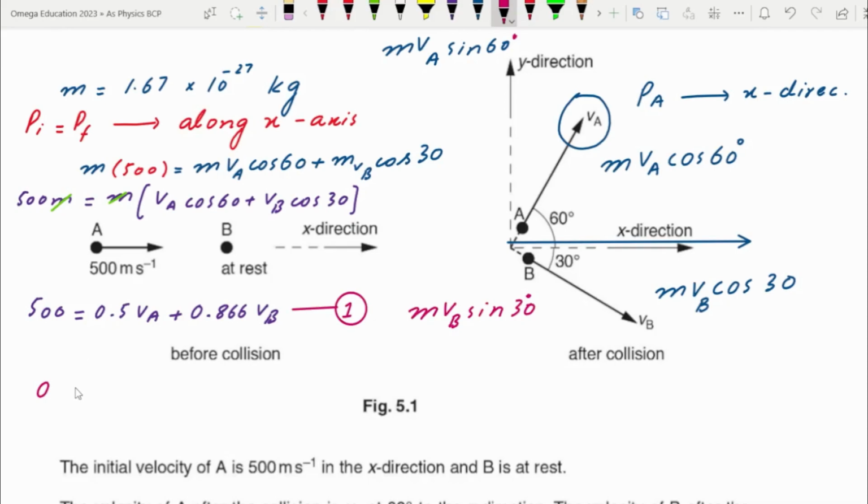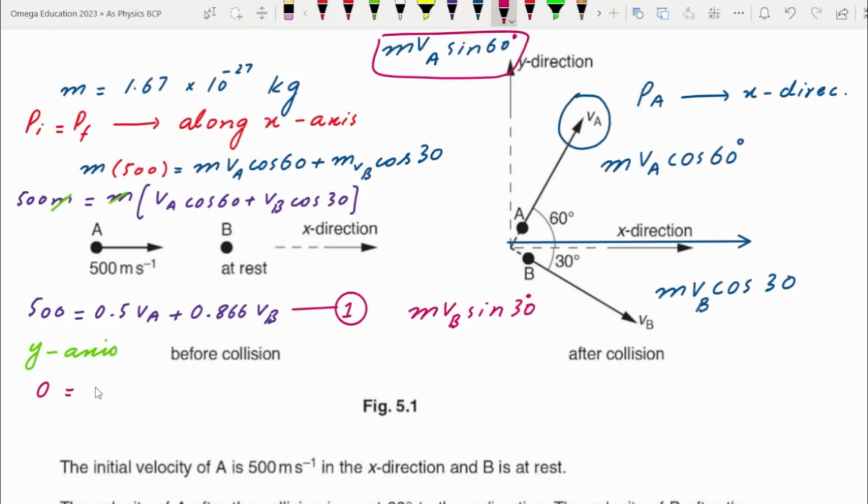So total momentum before collision, but let me write it down first. Now we are breaking down for y-axis. So the total initial momentum before collision along y-axis is 0. And what is the total final momentum along y-axis? This momentum. Okay, very good.